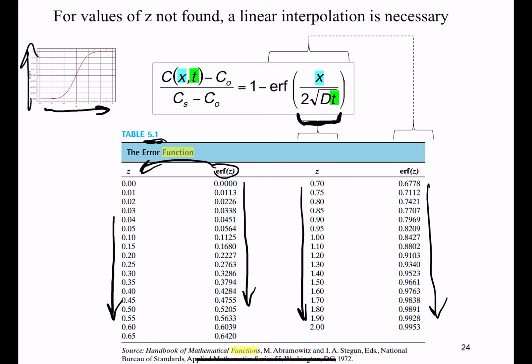If we can calculate that, we would then turn to this table and look for the z value, and provided we find it, we can simply read off the error function, and then that would give us the larger piece here. So this is a process that's highly dependent on the precision of our table, and we hope to find the exact value. When we don't, we have some additional work to do, as we'll see in a moment.